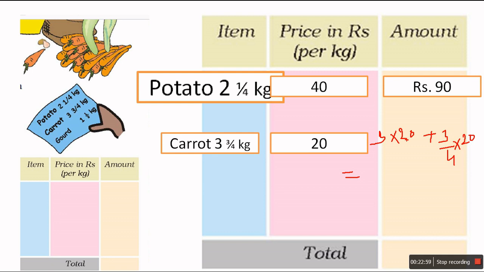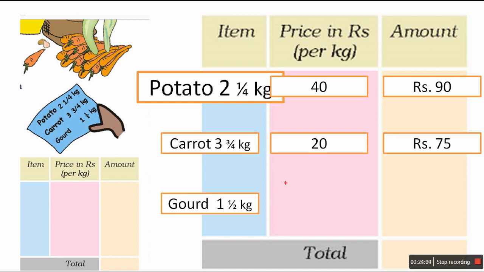So it will become 3 2s are 60 plus 3 2s are 60 divided by 4, 60 plus 15. When we divide 60 by 4, it will become 15. So it will be 75 rupees.